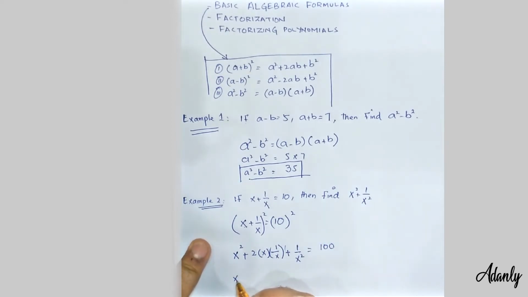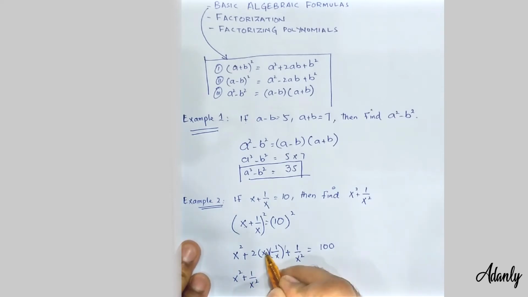So it will become x square plus 1 over x square, and the 2 times x into 1 over x will get cancelled to give 2, so we have 2 over here, equals 100. So x square plus 1 over x square equals 100 minus 2. Here 2 is plus, and here it will become negative. So the final answer will be 98. This is how this formula works.